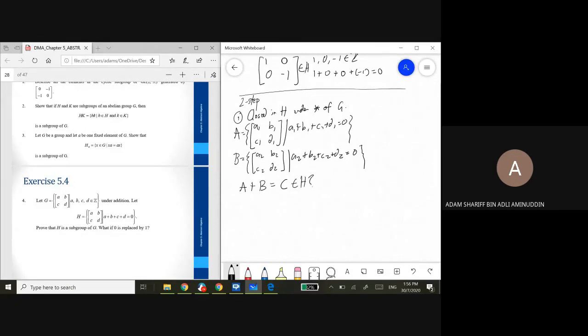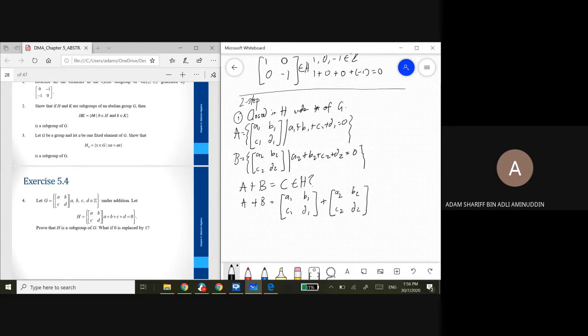The question is, how do we add matrices? A plus B, you add up the matrices like this: A1, B1, C1, D1, plus the second matrix, A2, B2, C2, D2.